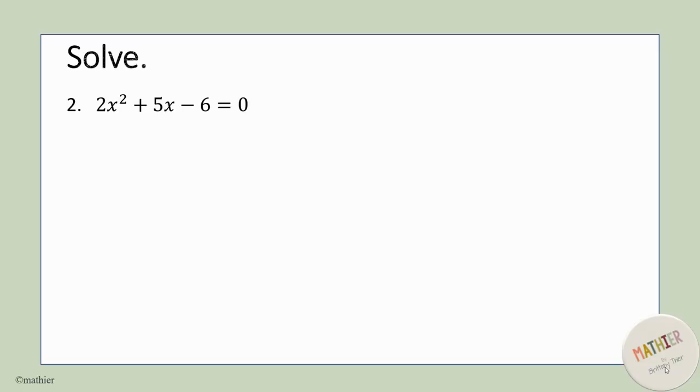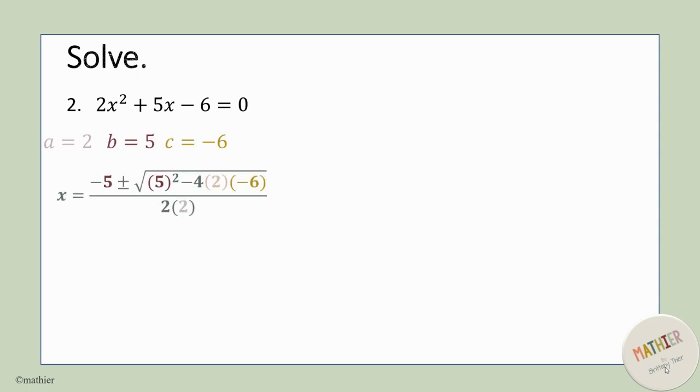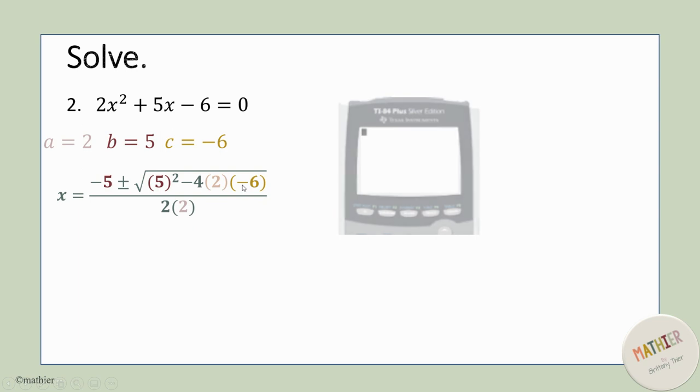Let's try this again. Number 2, it's already in standard form for us. So a is 2, b is 5, c is -6. Substituting the three numbers into our formula, we have x equals -5 plus or minus the square root of 5 squared minus 4 times 2 times -6.